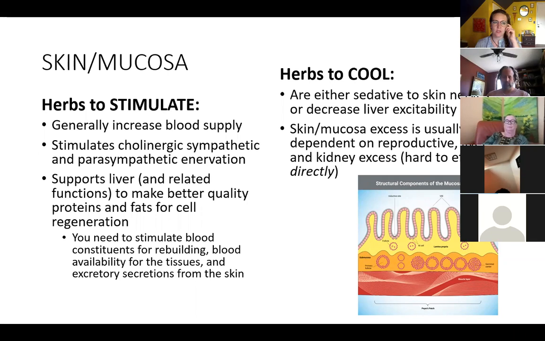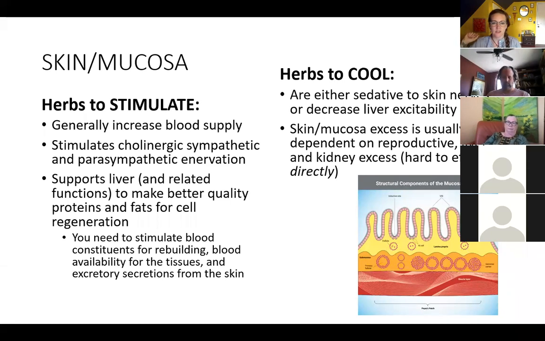And to cool down the skin if there's an excess, you use things that are either sedative to skin nerves or decrease liver excitability, because like I was saying, this is definitely linked with liver function. If there's liver excitability that's causing this overflow onto the skin, you need to decrease the liver excitability, right? Start with the root.